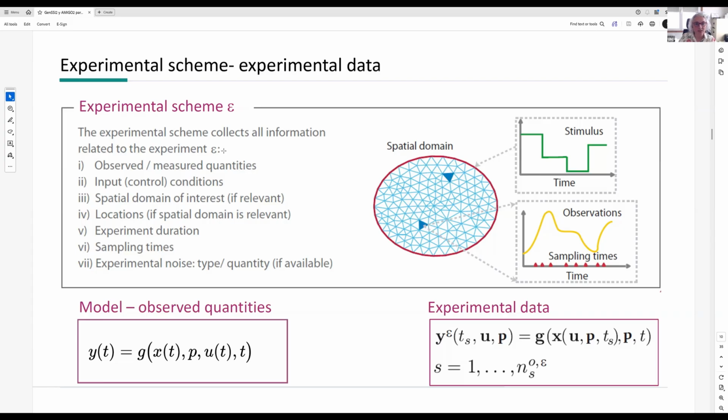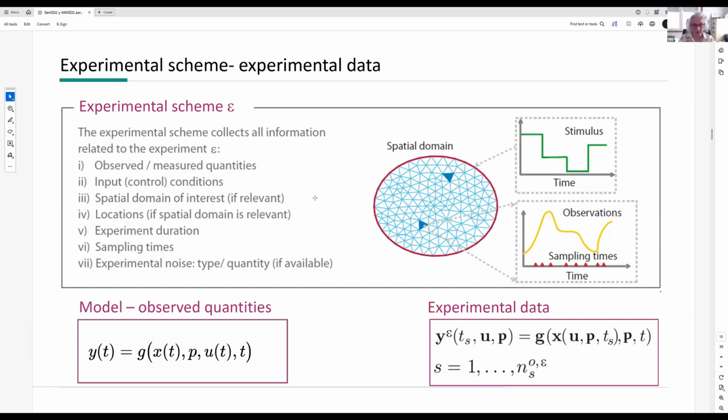The experimental scheme regards all the information about your experiment: what you measure in your experiment, the control conditions in which you perform the experiment, the spatial domain of interest if it's relevant for the problem at hand, locations of the sensors if the spatial domain is relevant and sensors are spatially separated, experiment duration, sampling times, and any information related to the experimental noise.